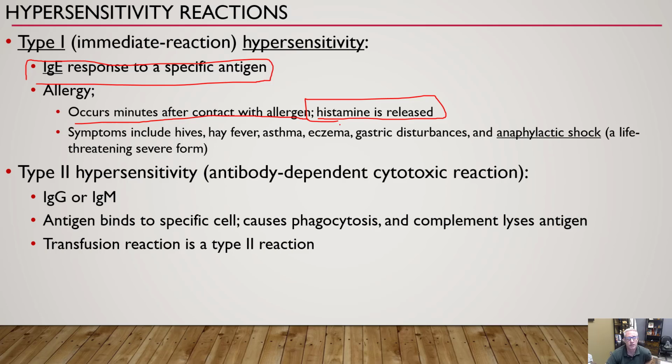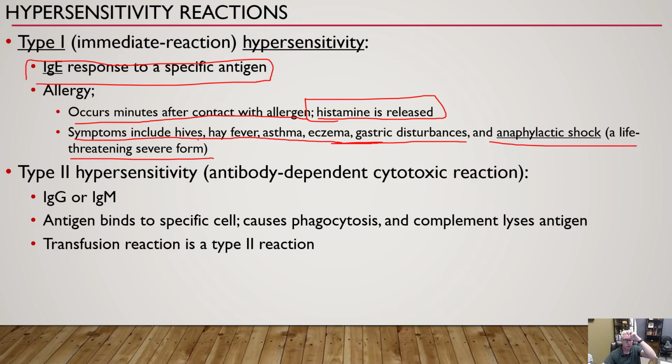You're going to feel some signs and symptoms, potentially life-threatening anaphylactic shock. These are the people that need EpiPens. Some other symptoms you might see are hives, hay fever, asthma, eczema, gastric disturbances. You see the hives on the face and the neck. Asthma, your lungs are going to start to close up.